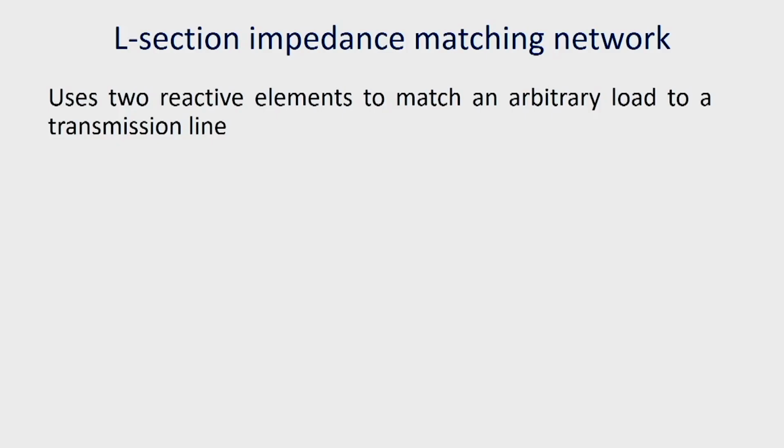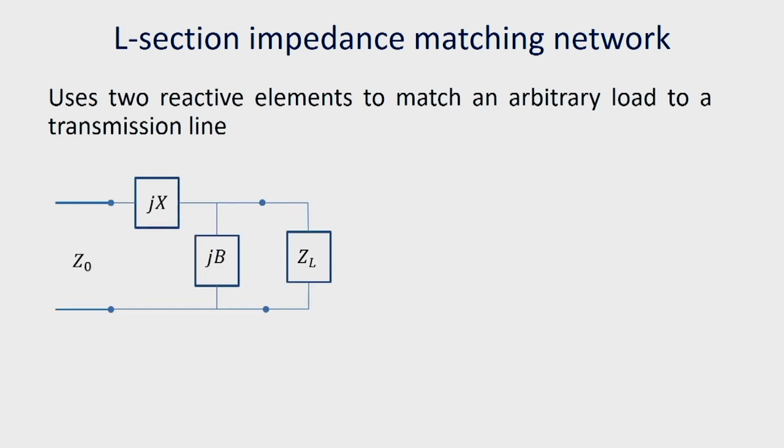So, these are broadly the factors which are taken into consideration when we go for the design of the matching network. Now, let us come to the L section impedance matching network. It essentially uses two reactive elements to match an arbitrary load to a transmission line. So, the first matching network using L section, we are showing it.